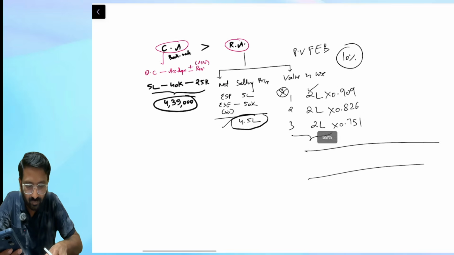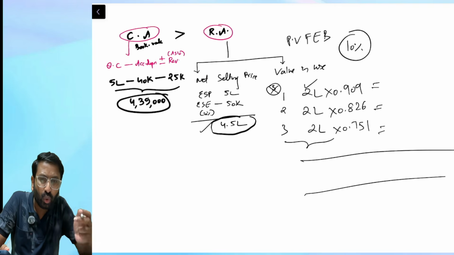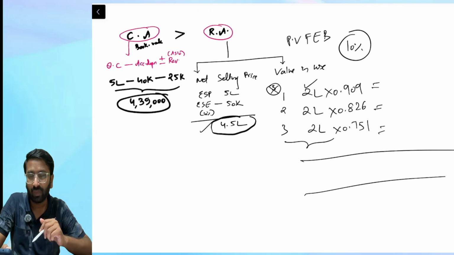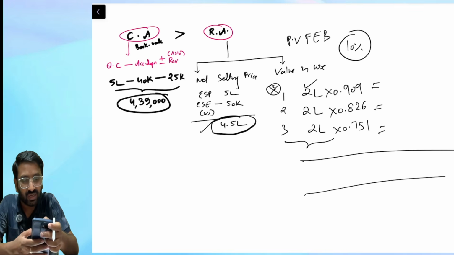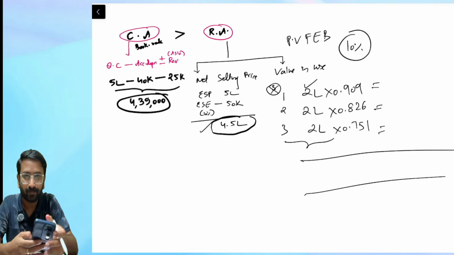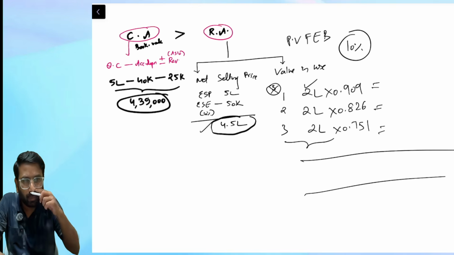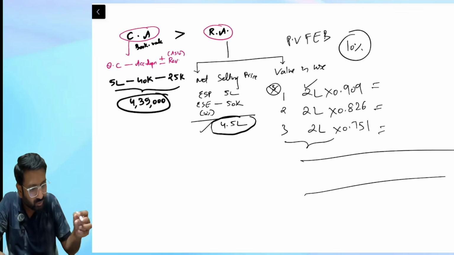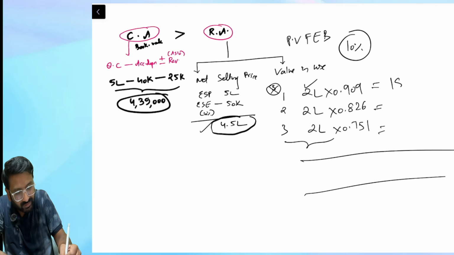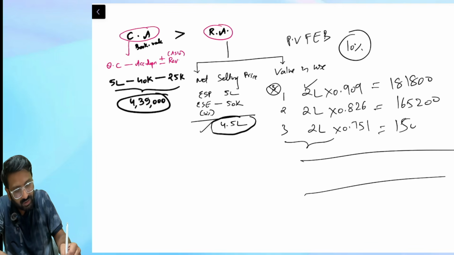Is that clear? So in simple words, value in use is nothing but how much you are expecting if you use the asset, and you have to convert that into present value and total all that. In our example, 2 lakhs into 0.909 is 1 lakh 81,800, plus 1 lakh 65,200, plus 1 lakh 50,200.